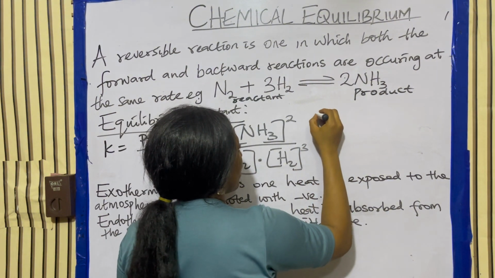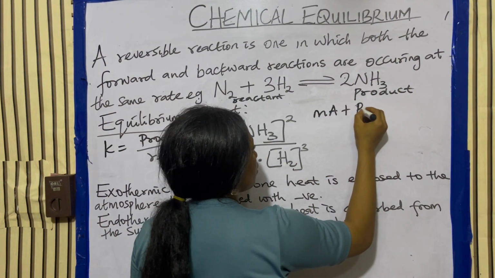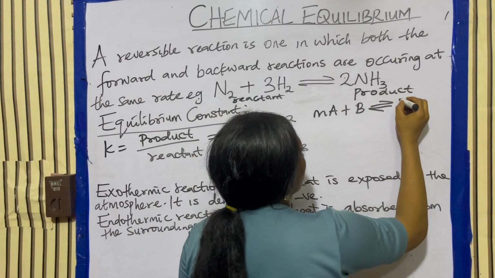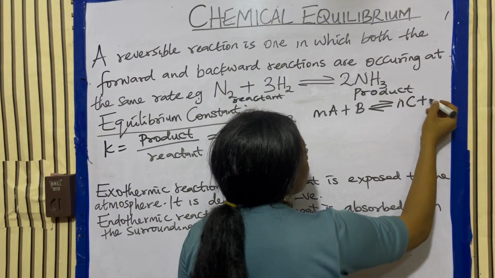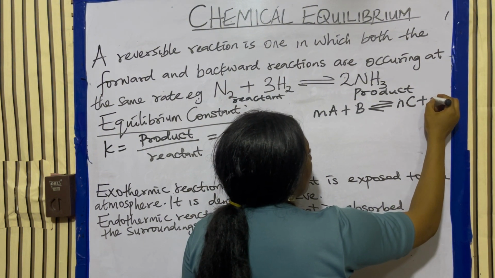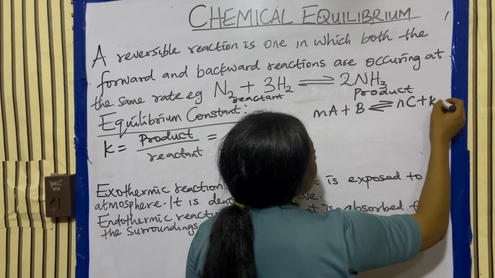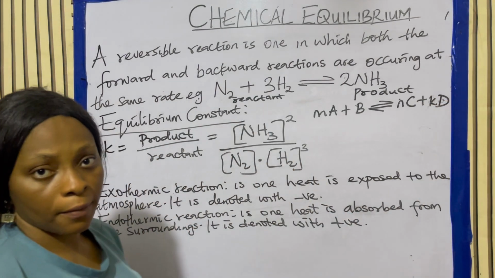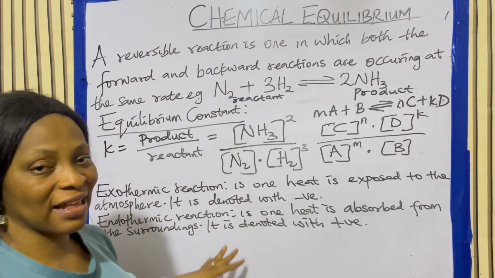Assuming you have something like mA plus B, reversible reaction gives you nC plus mC plus kD. Are we together? So this is how to write your equilibrium constants.